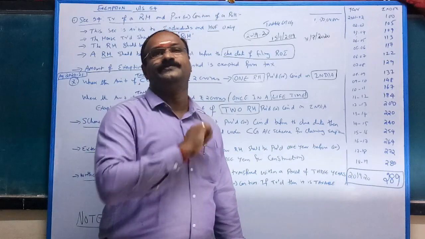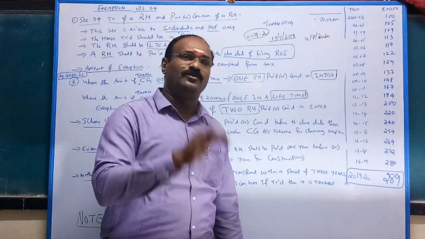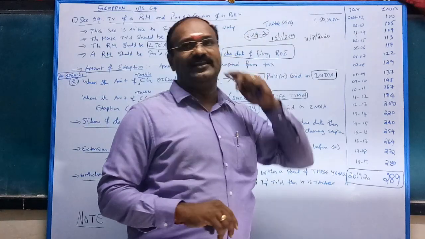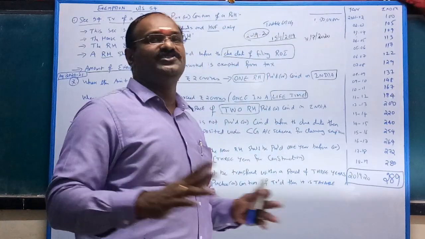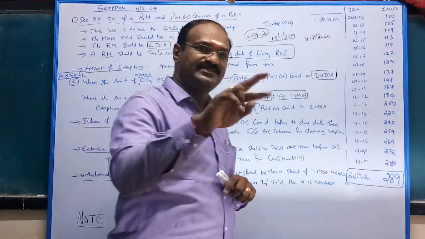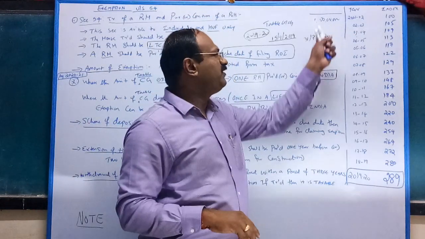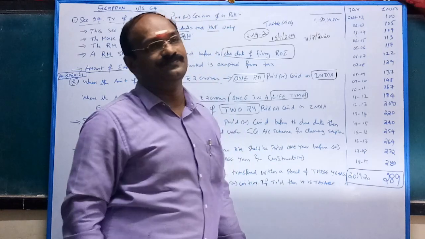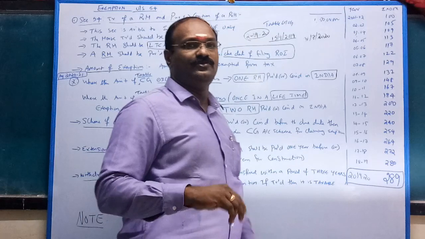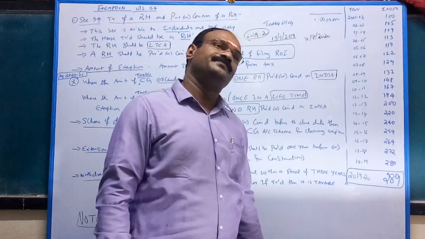If you opt now, in the current assessment year, your long-term capital gain is 1 crore 50 lakhs. You can purchase 2 residential houses, say 60 lakhs and 80 lakhs. 2 houses you purchase, 60 plus 80, 140. 150 minus 140, 10 lakhs is taxable. After 3 years, after 5 years, one of the houses you purchased, you are going to sell.